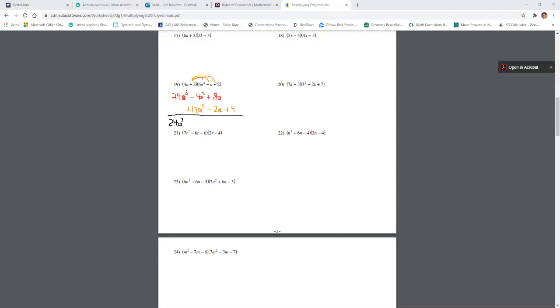And then I have negative 4a squared, and I'm going to add to that 12a squared, and negative 4 plus 12 is positive 8, so that would be positive 8a squared. And then I have the a column, right? I have a positive 8a minus 2a, which is positive 6a. And then I'll just bring down the plus 4.